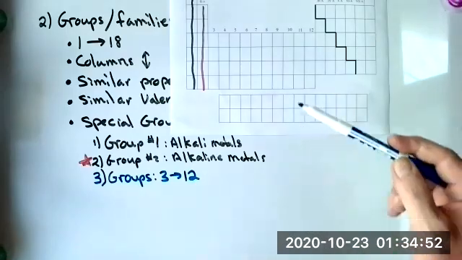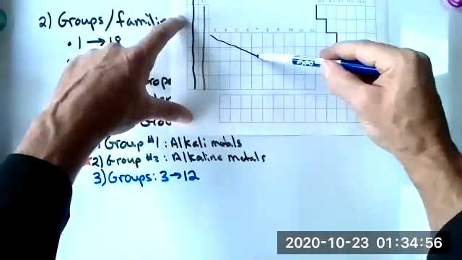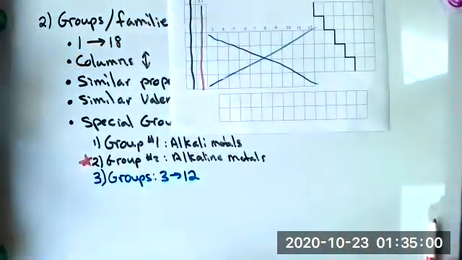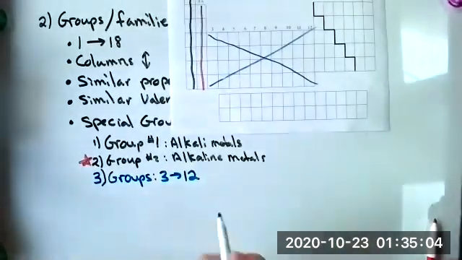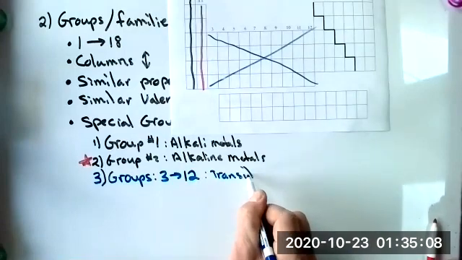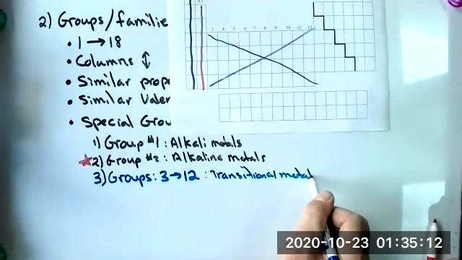It's this whole part of the table. That whole middle section, they lumped together. They gave it a special name, transitional metals.